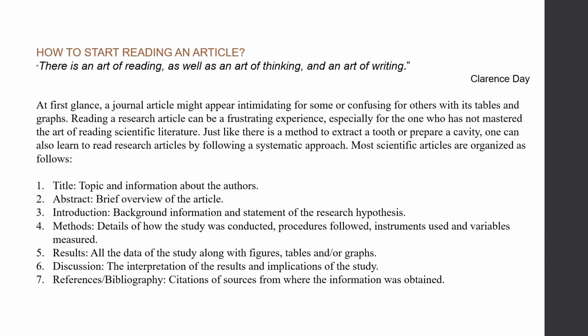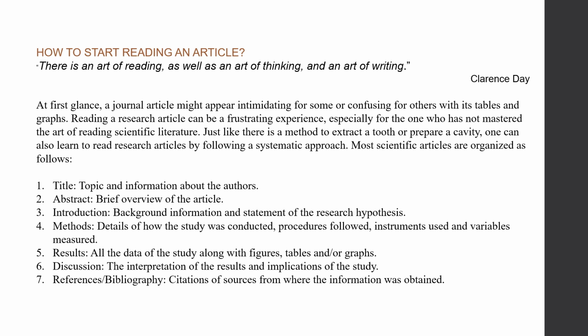Most scientific articles are organized as follows. First, the title, containing the topic and information about the authors. Abstract: a brief overview of the article, a capture of the research.